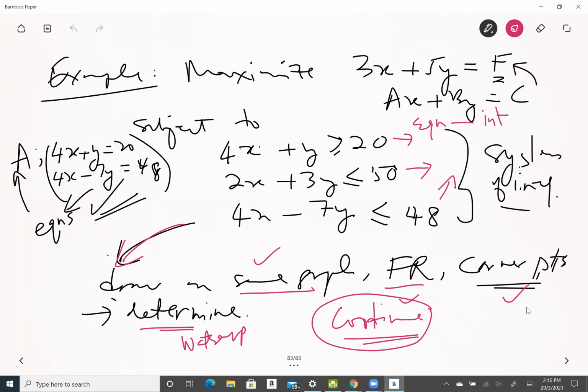If you look at that problem, what are the corner points? Find the corner points first. No, not corner points, I'm sorry. Find the intercepts for the equations corresponding to the inequalities, and then we get the visible region. After that, we get the corner points. I didn't do this question.